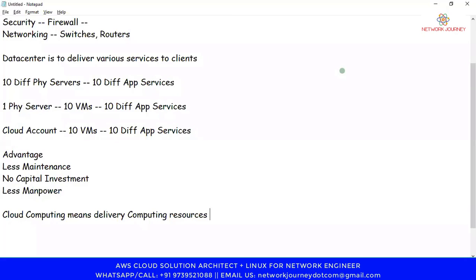Because cloud service providers like AWS, Microsoft Azure, GCP are in a remote location. From a different place, they are delivering the services to you. Instead of you, they are keeping the virtual data center. So cloud computing is delivery of the same kind of computing resources virtually over the internet in real time. That is what cloud computing is.